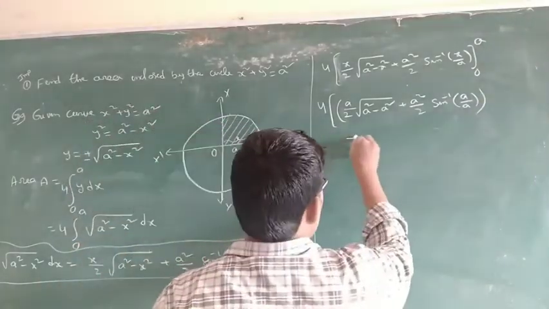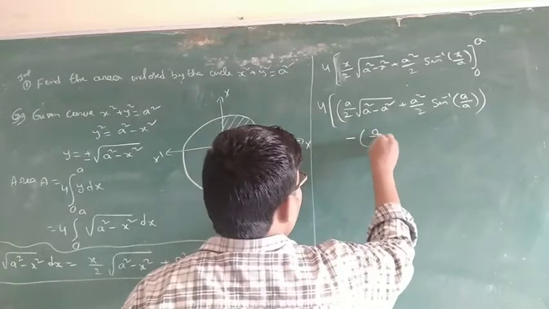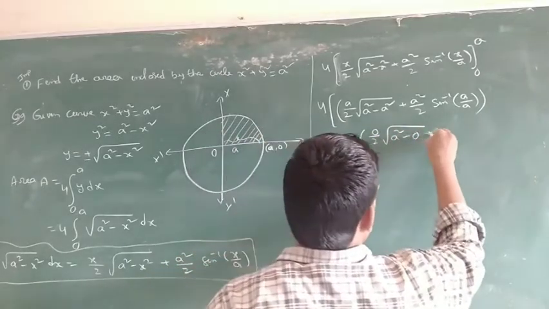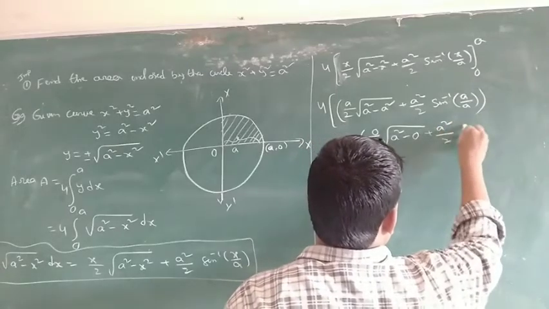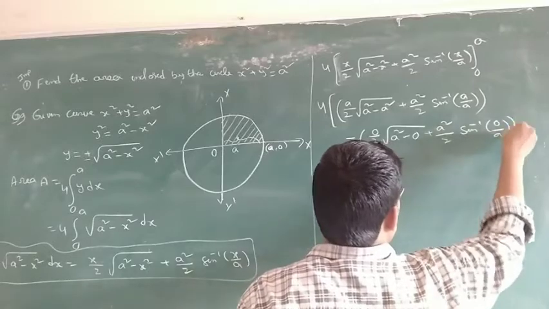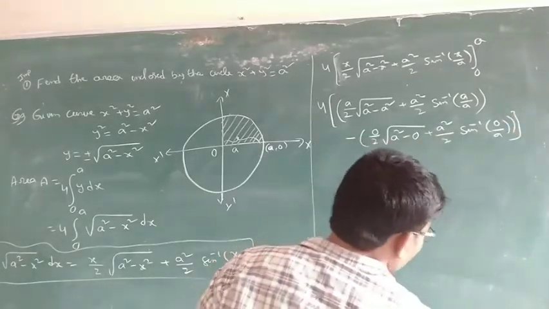Next, the lower limit: 0 by 2 into root of a square minus 0 plus a square by 2 into sin inverse 0 by a. This is the lower limit.